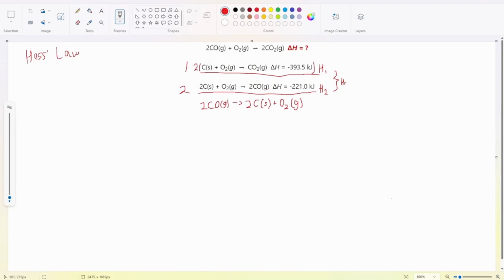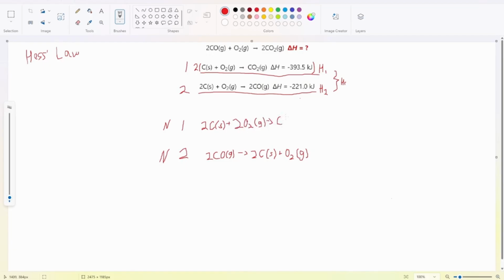So now this is the new equation 2, and now we have to write the new equation 1, which would be 2C solid plus 2 O2 gas goes into 2 CO2 gas. Don't mind my handwriting.